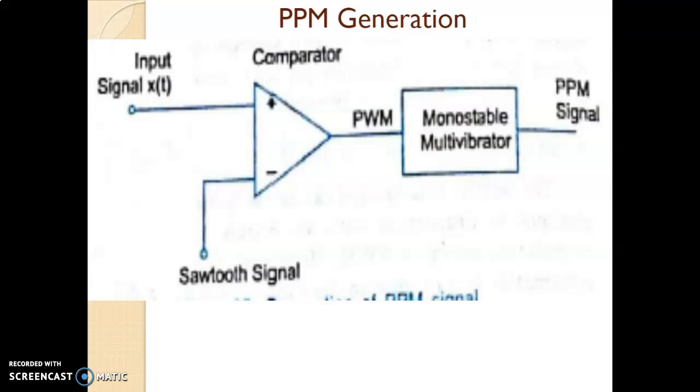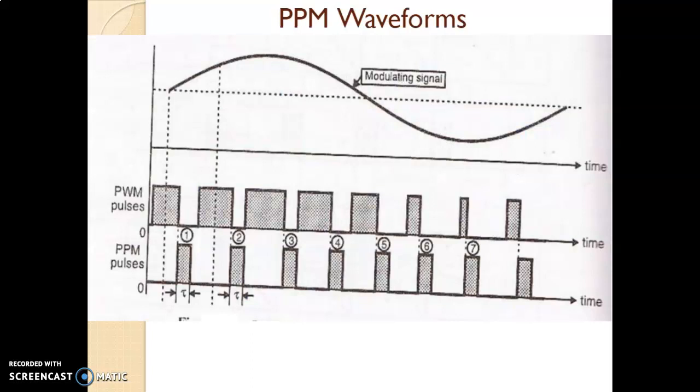Quasi-stable state means that once you give a PWM signal, as we can see from the waveform, at every trailing edge of the PWM the monostable multivibrator will get a pulse. Once it gets a pulse, it will trigger and the output of the monostable multivibrator will go high.